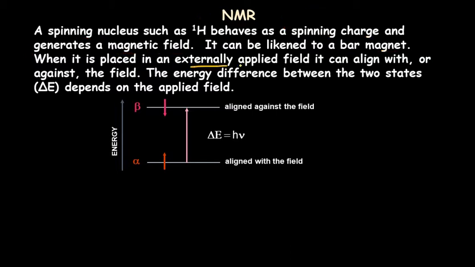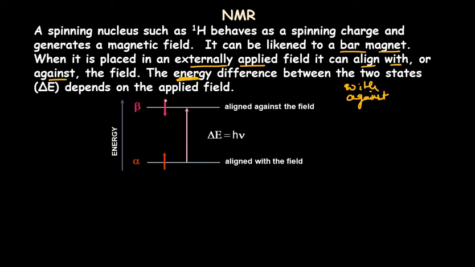When an external magnetic field is applied, the tiny magnet of the hydrogen, that is the tiny proton, will either align with the external magnetic field or align against it. But actually it keeps on spinning with and against the external magnetic field. Both happen, and it keeps flipping between the two different energies.